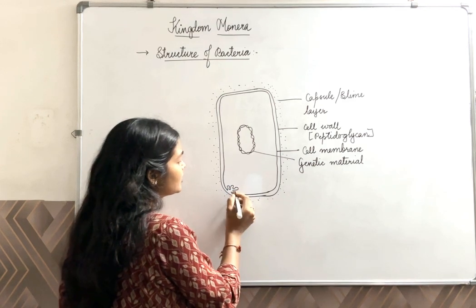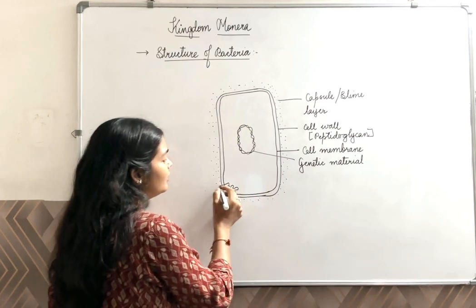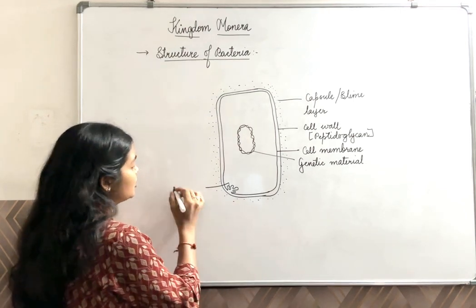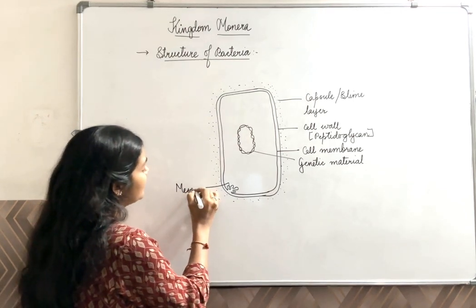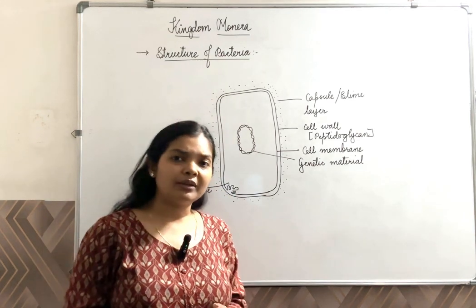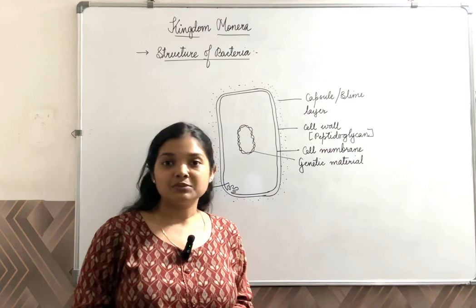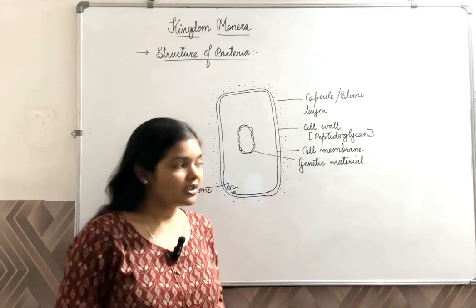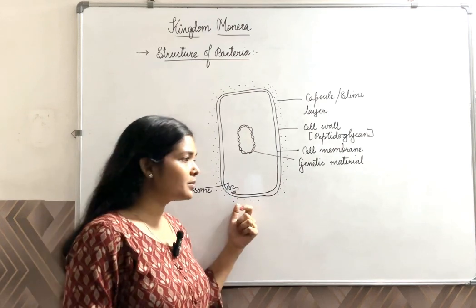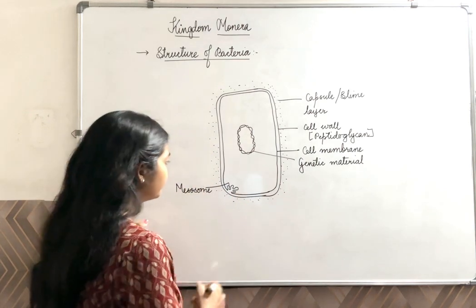And this folded structure will contain some of the enzymes which are required for respiration. Now this one is named the mesosome. Not only this, it will have some other pigment, the photosynthetic pigment, which helps in carrying out the process of photosynthesis. So mesosomes are present here, which mainly help in the process of respiration.